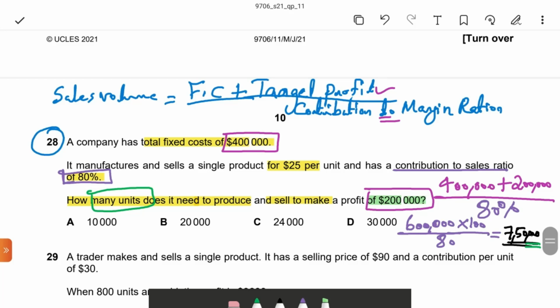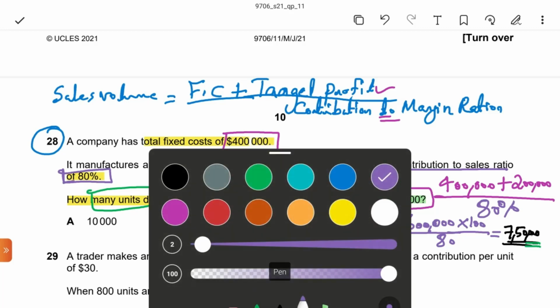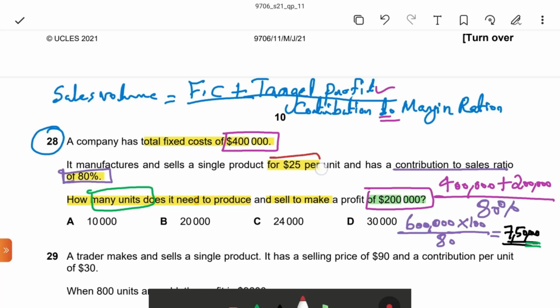The units is equal to total sales divided by the single product cost, which is 25 per unit. It's given. So 750,000 divided by 25.